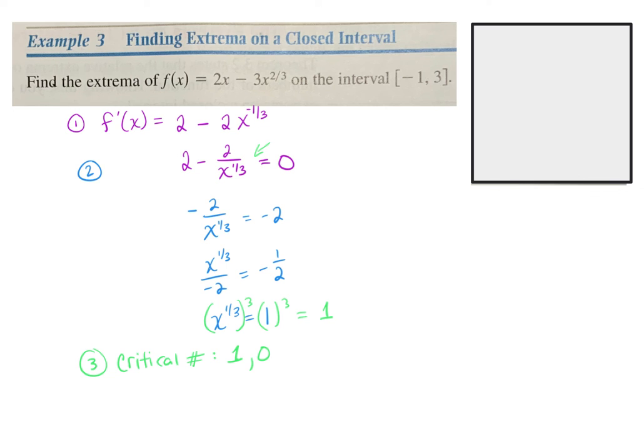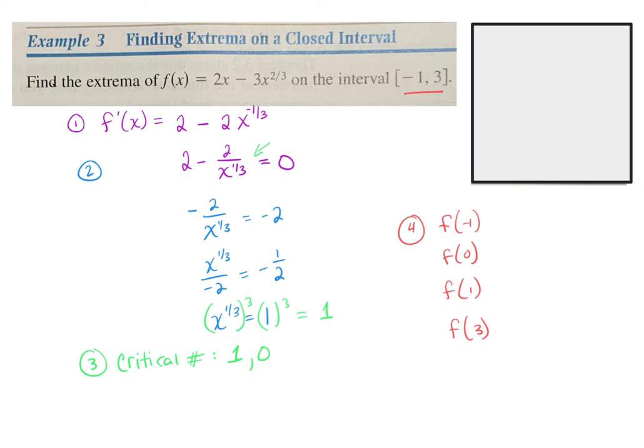Now that I know that, I am going to plug all of those into my function along with my endpoints. 0 and 1 both fall in my interval, right? So I'm going to start with my lowest endpoint, negative 1. I'm going to plug in a negative 1, a 0, a 1, and my highest endpoint 3, all right?